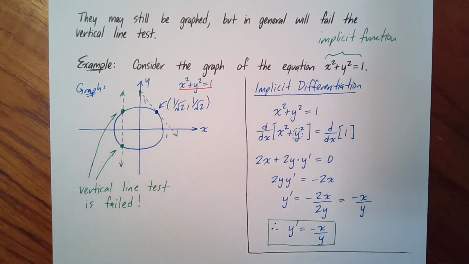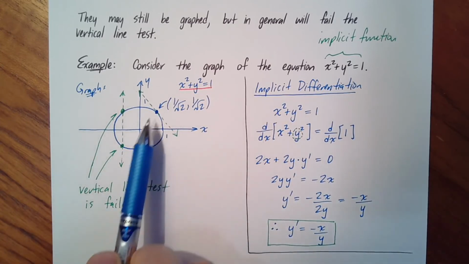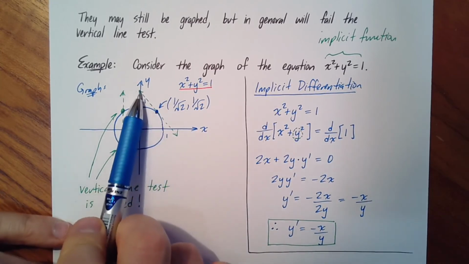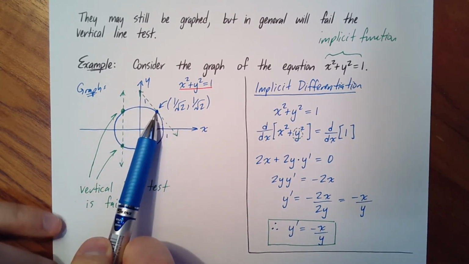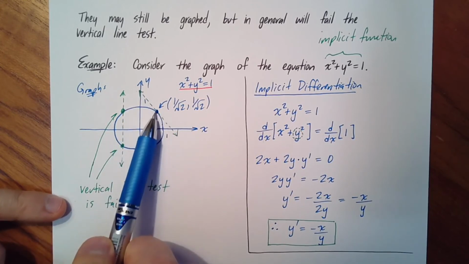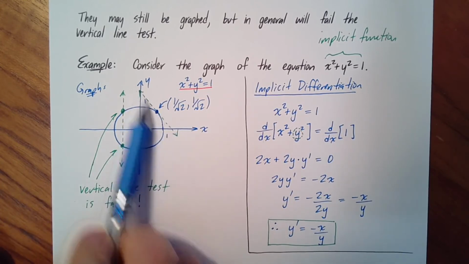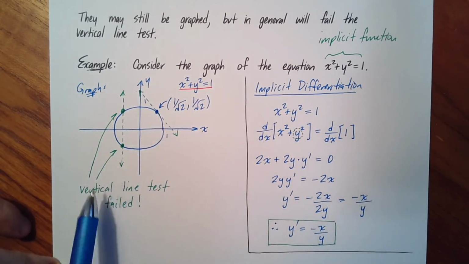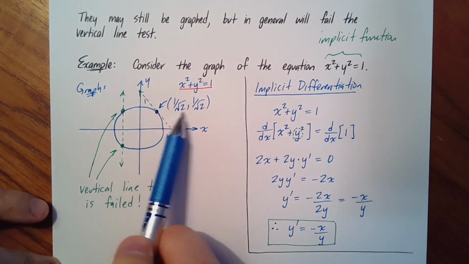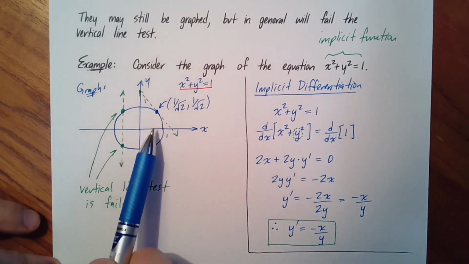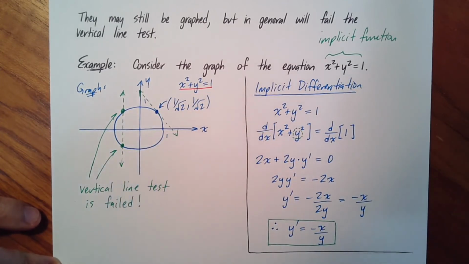Okay, so, well, how are we going to use this now to get the slope of this tangent line? Well, we have a point on the graph that this line is supposed to be tangent to the curve at. So the idea is the slope of this tangent line is going to depend on two things. It's going to depend on the x-coordinate of the point and the y-coordinate of the point. It's no longer enough to plug in simply the x-coordinate, right?